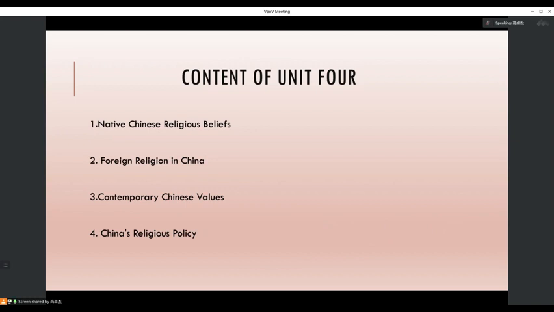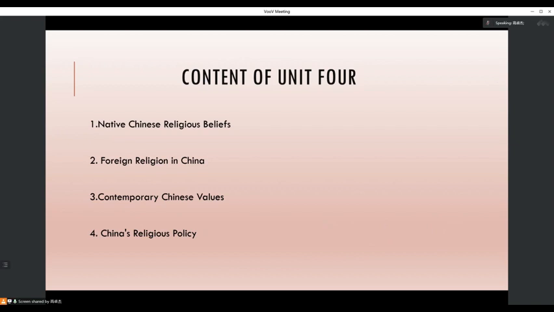Religion. Confucius is not a religion. Buddhism is not the native religion.